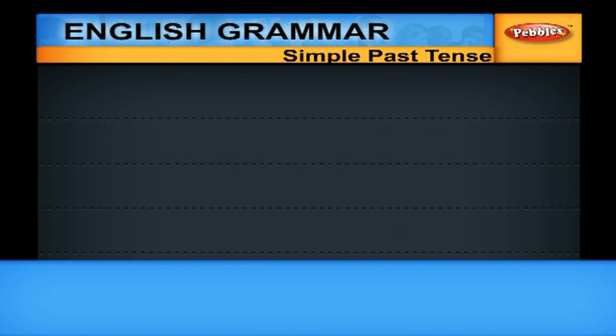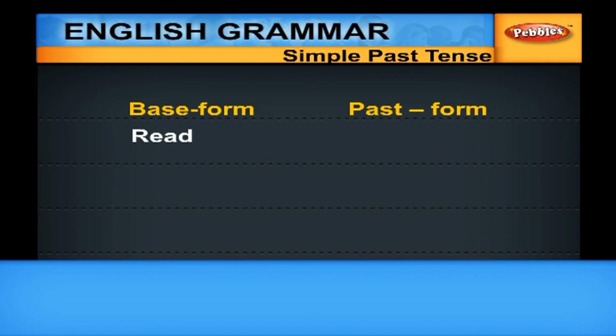You have another type also, where the verbs do not show any change at all. Base form put. Past form is also put. Base form read. Past form is read. Base form is shut.